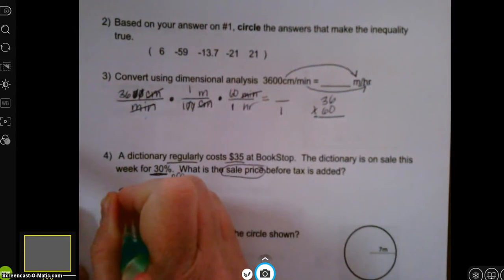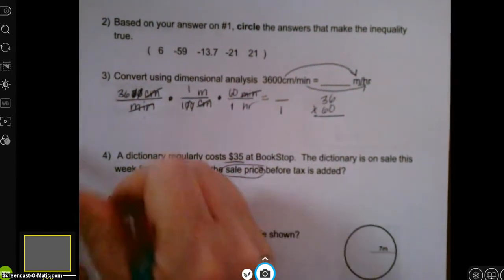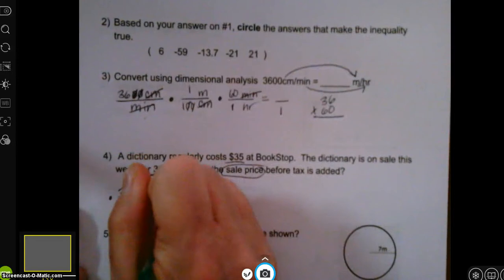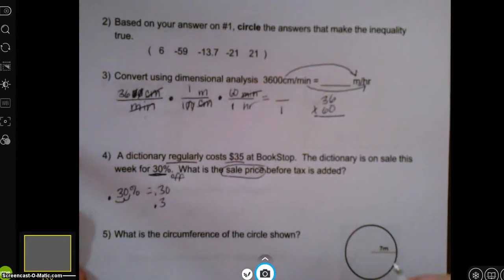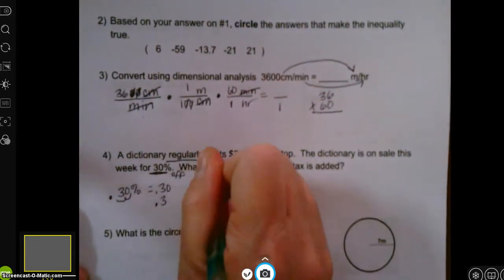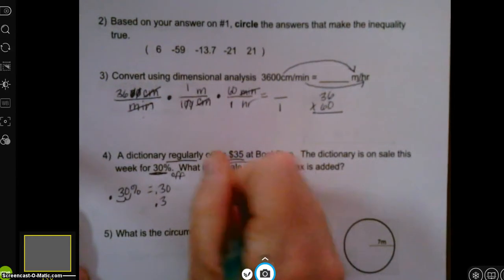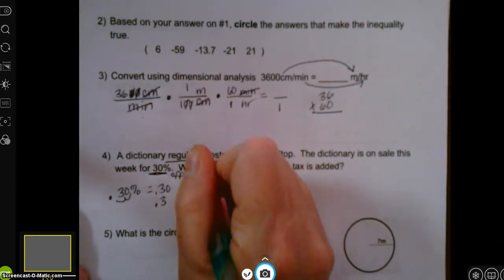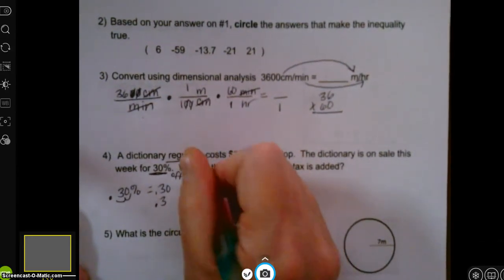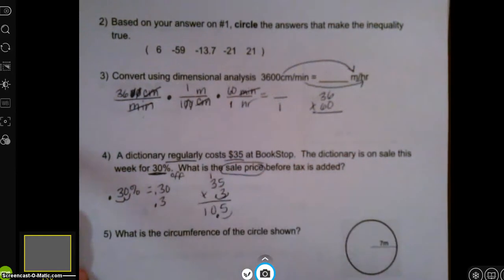I change this to decimal 0.30 or 0.3. It doesn't matter. I'm going to probably use 0.3 just to make it easier. Multiply the cost of the dictionary times 0.3. 15, 9 plus 1, and then move that decimal 1 time.